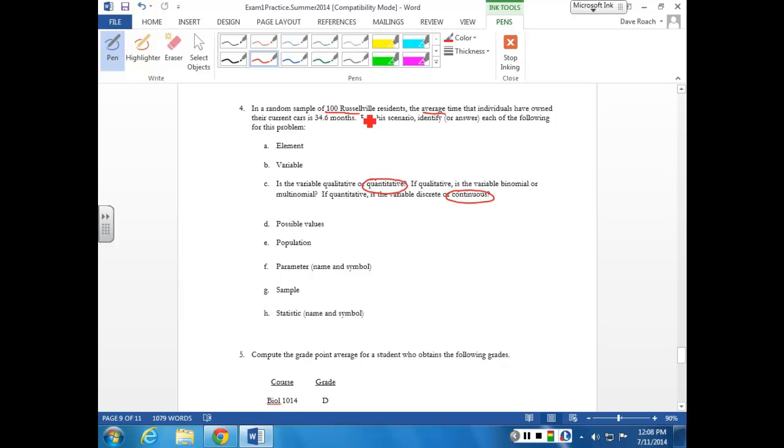We're looking at 100 Russellville residents. So that's the sample. I'm going to put SRS, which stands for simple random sample. You can put random sample if you want, of 100 Russellville residents. And if you have the sample, the population is just all Russellville residents.